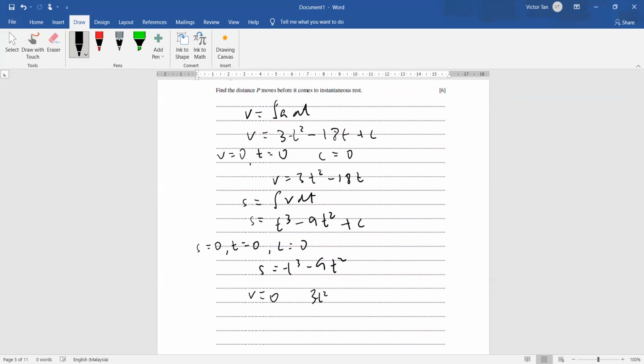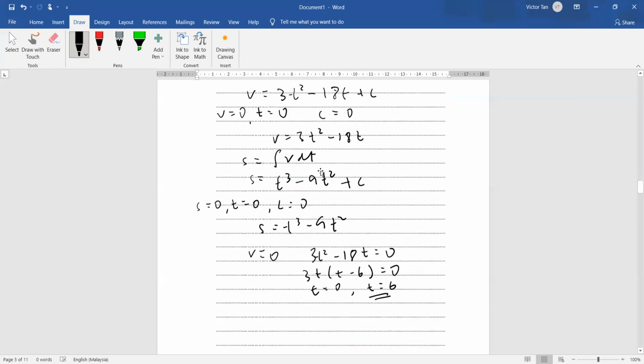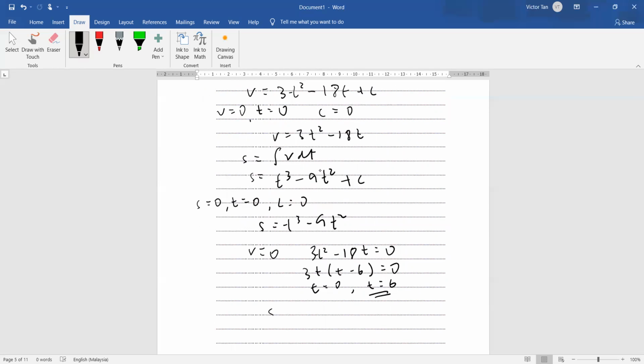So 3t squared minus 18t equals 0. 3t(t minus 6) equals 0. So t equals 0, that is when it starts, and t equals 6. So this is the time when it comes to instantaneous rest. So the displacement is 6 cubed minus 9 times 6 squared.